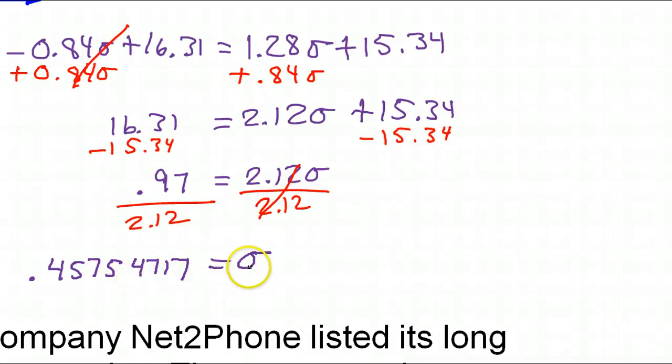Not sure how many decimals I'm going to need, so I'm just going to keep them all for now. That's my standard deviation. Now I need to find the mean.